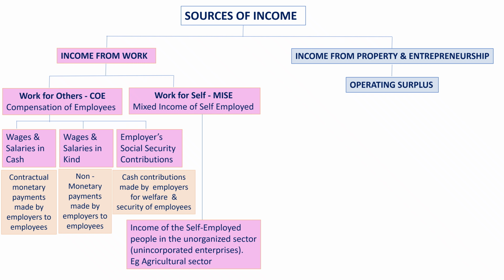The income generated in this sector, therefore, cannot be segregated into the components of COE or OS, and thus is a mixture of all the factor incomes. India has a large unorganized sector, therefore, MISE forms an important source of income in India. The example of income of the farmers is important.